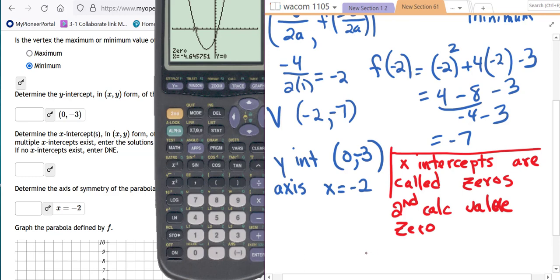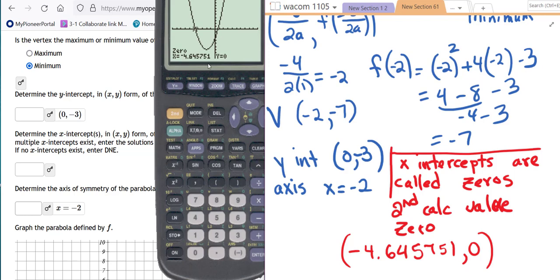All right, and my value is negative 4.645751 and 0. So there might have been a fraction that worked nicely. It didn't go on forever. Let's go to the other one.